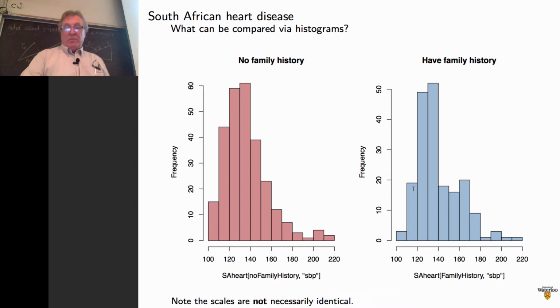There may, in fact, be more of a bump over here, and I start to think about, if I'm comparing these two and thinking about family history on systolic blood pressure, is this a change? Is this shifting from no family history to a family history? Or these folks have slightly different distribution? And again, that's a little hard because they're not on identical or aligned scales.